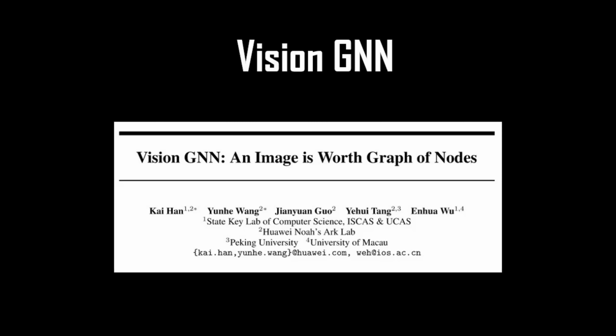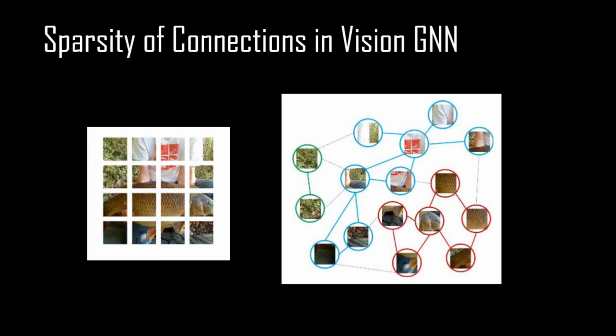The other paper that we should talk about here is Vision GNN. In Vision GNN, they try to create a graph from these patches. So they divide the image into patches and then they consider each patch as a node of a graph and they try to find the relationship between these nodes. So they are trying to get rid of the sparsity of the connections constraint. But because it's computationally expensive, they limit their number of edges.